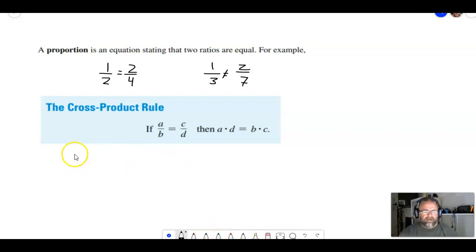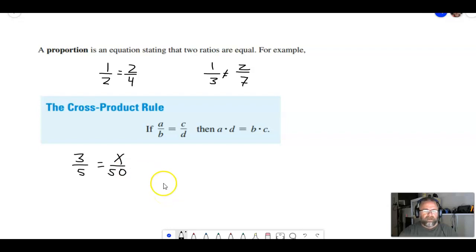So let's say I had 3 over 5 is equal to x over 50. Let's say we set up this proportion, which remember is just two ratios that equal each other. How would we solve for x? So go ahead and pause the video and give it a try.